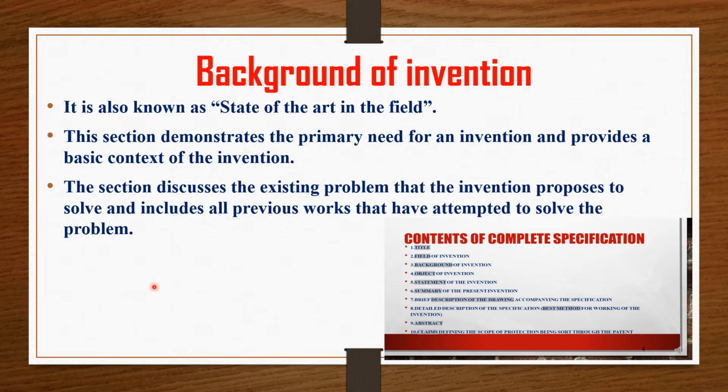So it should include all the previous works that have attempted to solve the problem. This section talks about the previous works and the existing problem, which were not solved by the previous works, and now the proposed invention gives a very good or a better solution. Okay, so we can proceed.